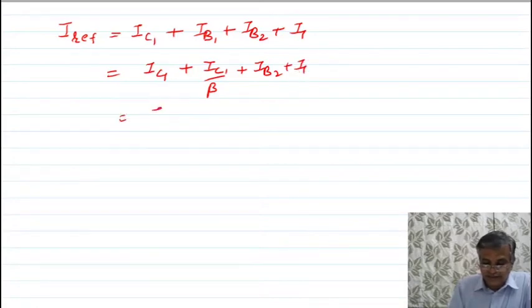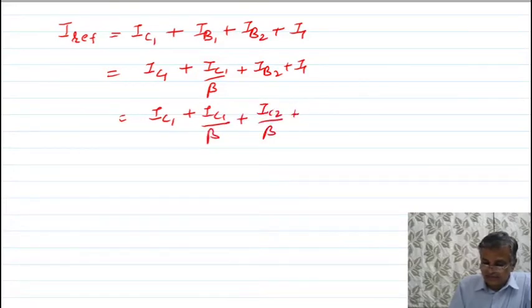This is IC1 by beta, this is IC2 by beta.